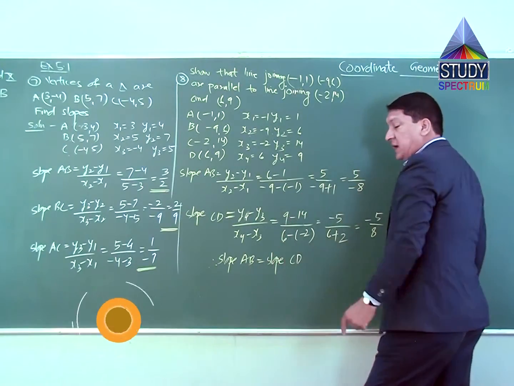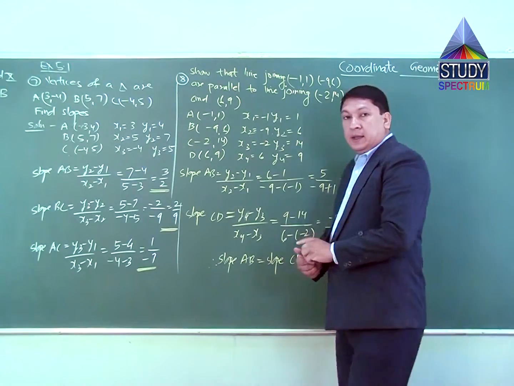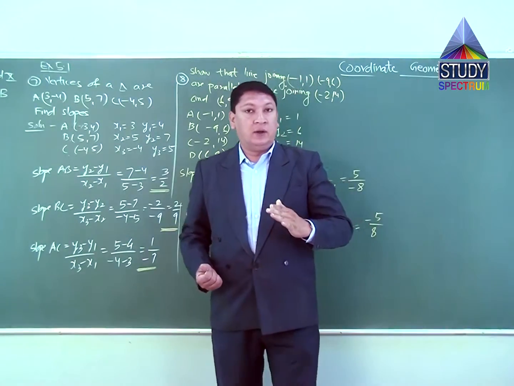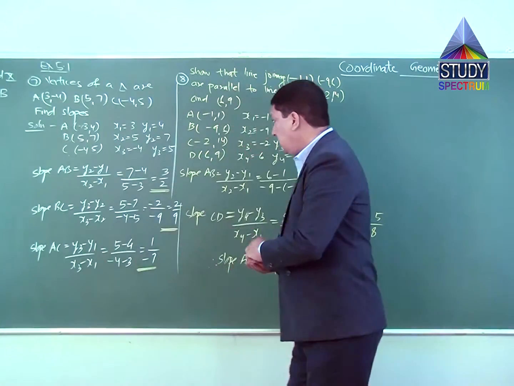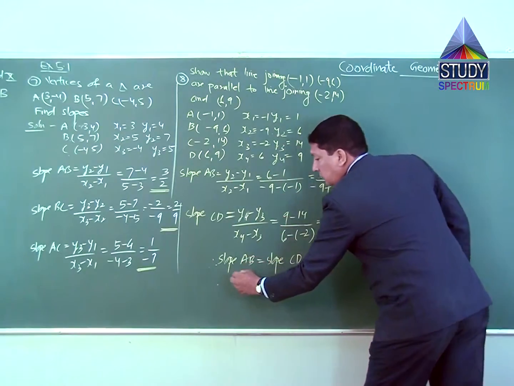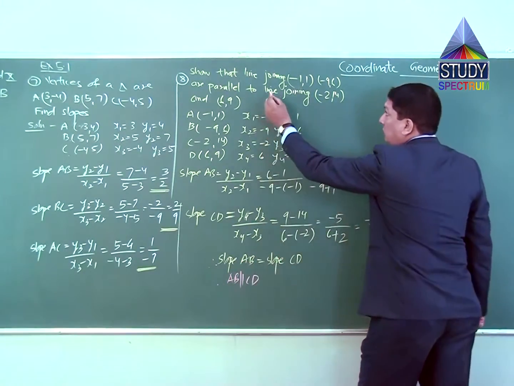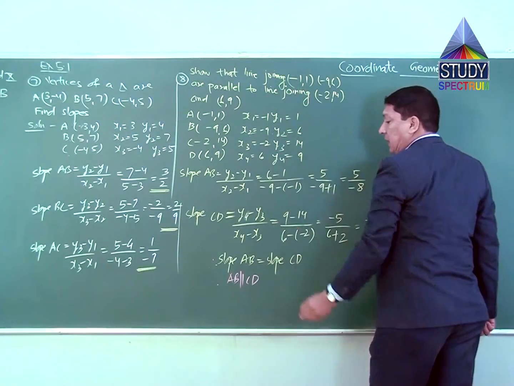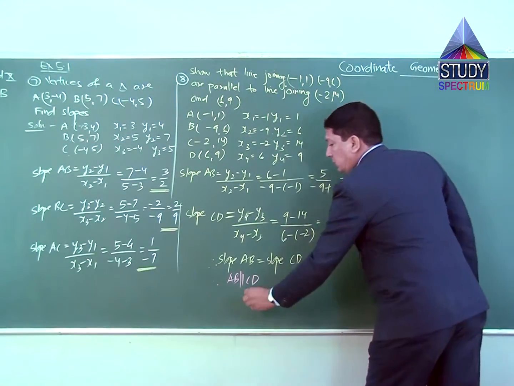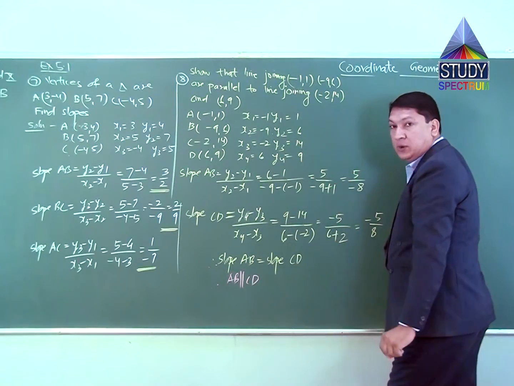These two slopes are coming to be the same. If two slopes are equal, lines are parallel. Therefore, AB is parallel to CD. Now the question was, are the lines joining parallel or not? We have got the answer that line AB is parallel to line CD.